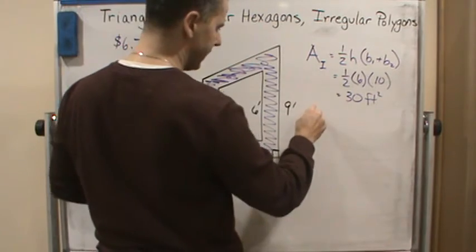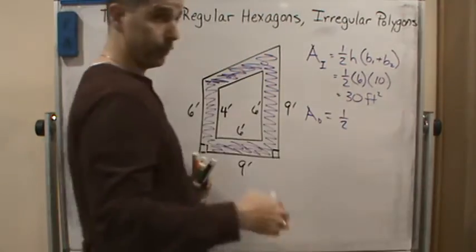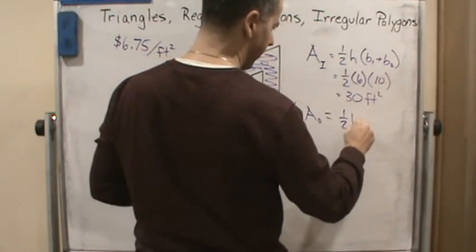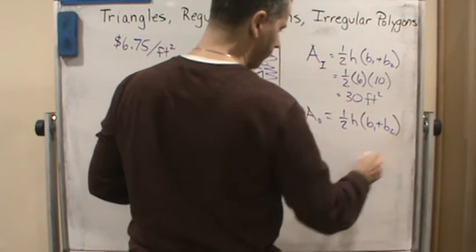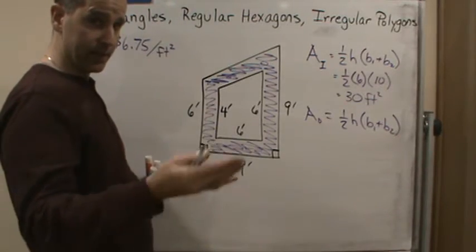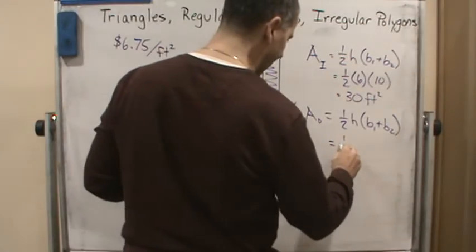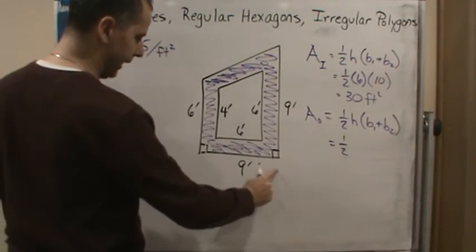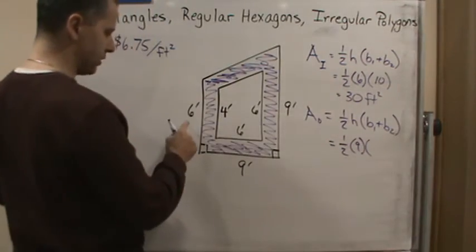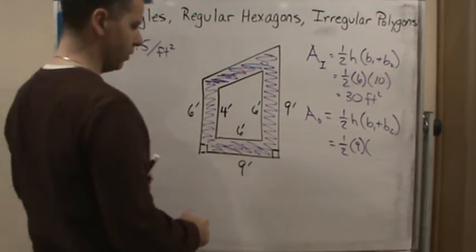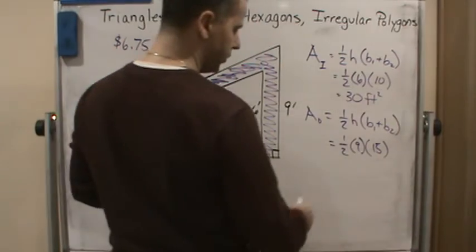Okay, good. Now the next thing is we're going to do the area of the outside trapezoid. Again, we're going to use the formula for the area of a trapezoid: one half times the height times the sum of the bases, or the average of the bases times the height, however you want to remember it. Now the outside height is going to be 9 feet. So this is going to be one half times 9 times the sum of its bases, which is 9 and 6. 9 plus 6 is 15.